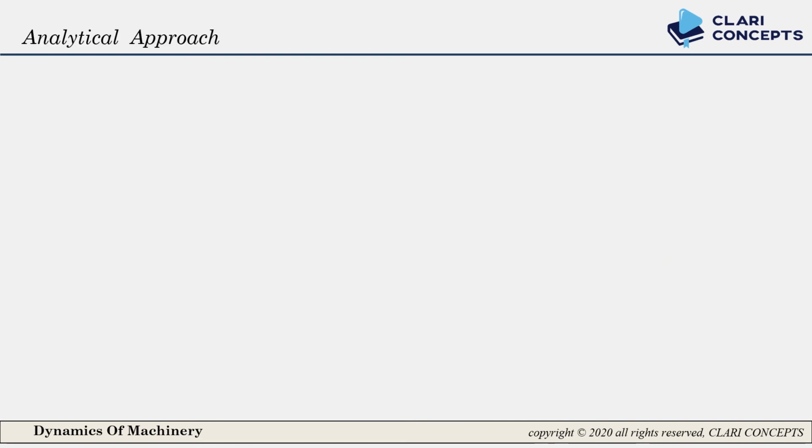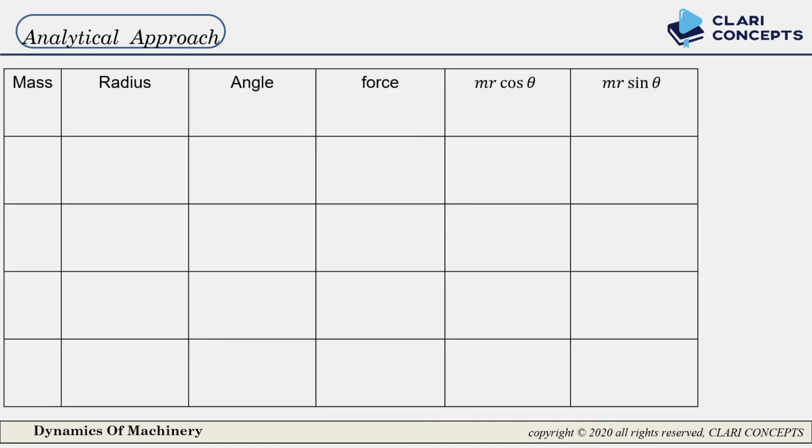From the figure, you have seen that every mass is placed at a different angle. Due to that, each produces centrifugal force at a different angle, so it has two components in the x and y direction, in the form of cos theta and sin theta. From the table you can see the components of every mass placed in the system, like mass m1 at radius r1 and angle theta 1, which produces force m1 r1.